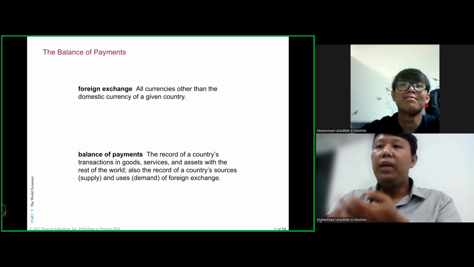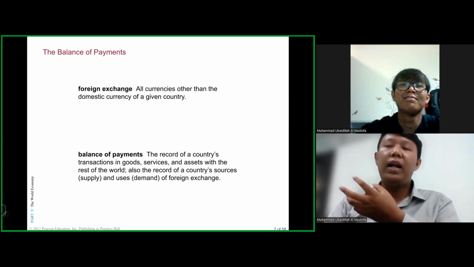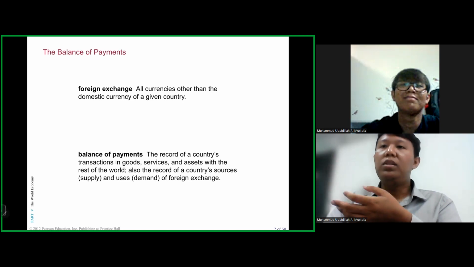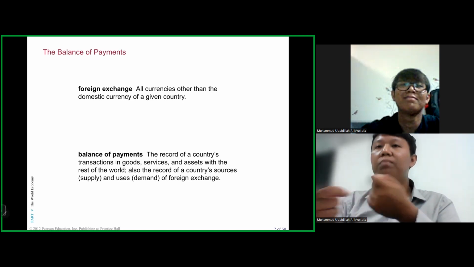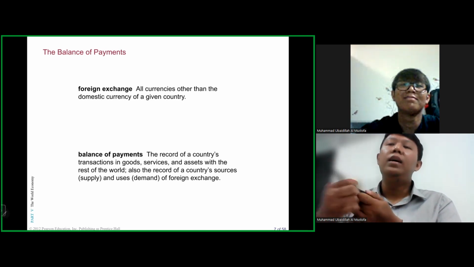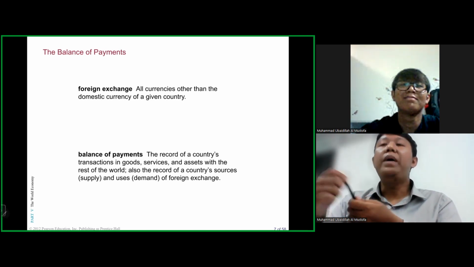While in open economy, they have international interactions in terms of trading. So they do export and imports. They exchange goods, services between countries. And this makes up their balance of payment.